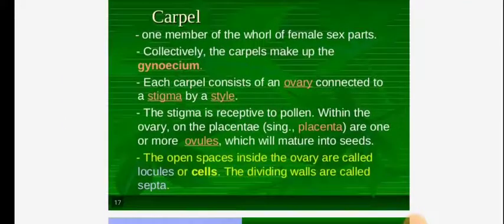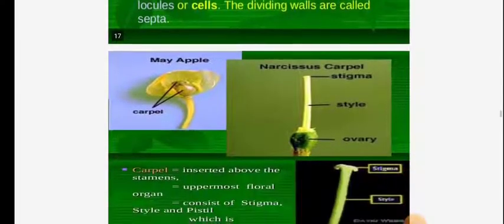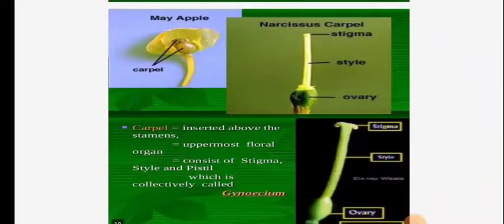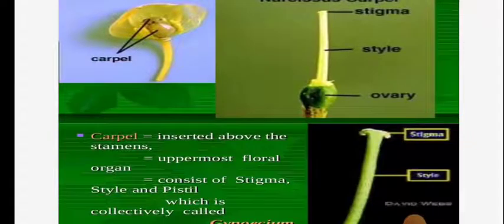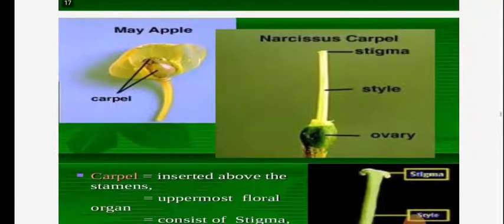Then about the carpel. One member of the whorl of the female sex part is there collectively, so the carpels make up the gynoecium. Style, stigma, and ovary are the parts of this carpel. Here you are observing the example of a male apple. Carpel conditions are different.